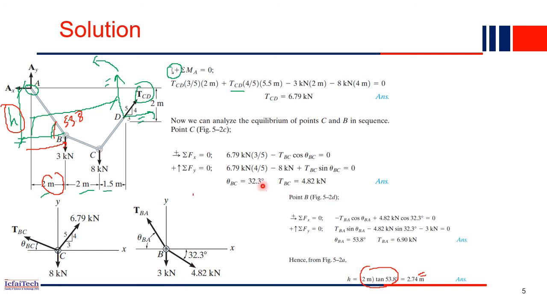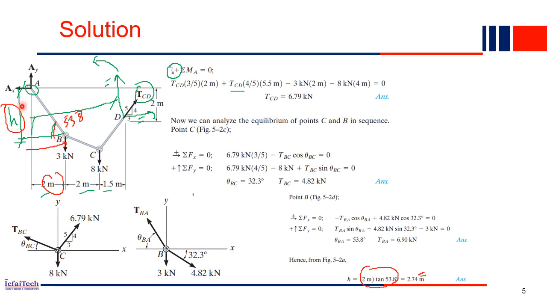So that's how we analyze cables subjected to concentrated forces. First we took a section and exposed the internal force, then took moments about A and computed TCD. Once we calculated TCD, we applied the method of joints at C and at B, and computed all the member forces and angles.